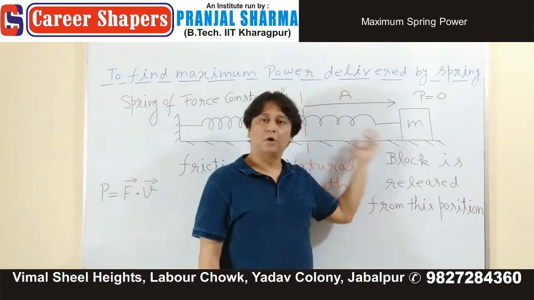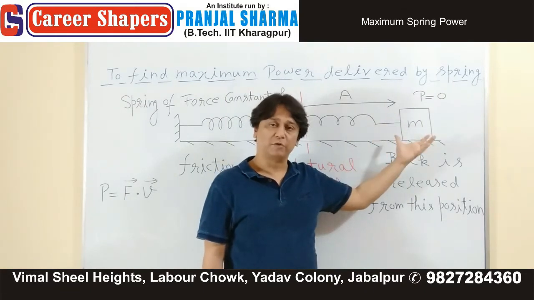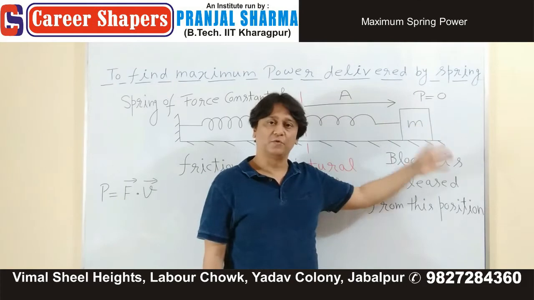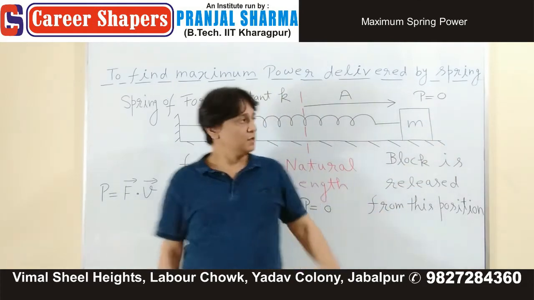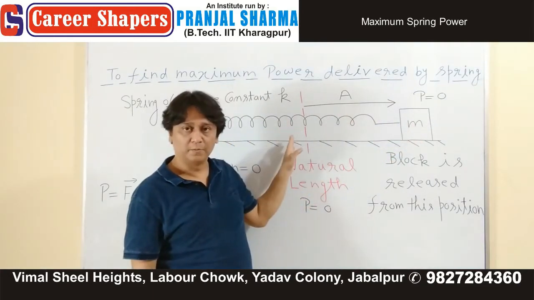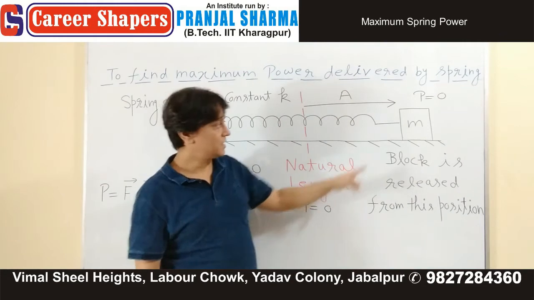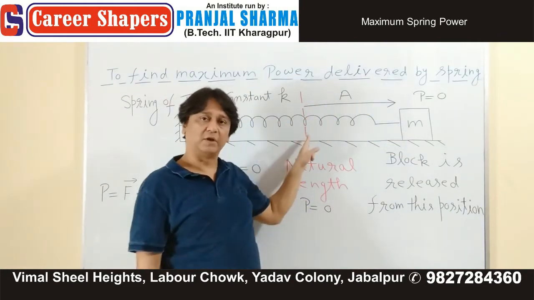In between, object is moving and is under a force, restoring force, and therefore F is present as well as V is present. Something which is 0 and ultimately becomes 0 tells us that its value must increase and then decrease.